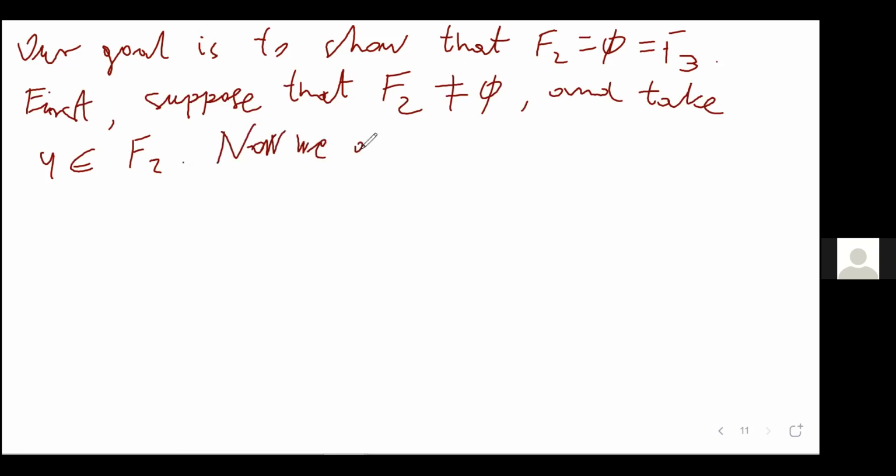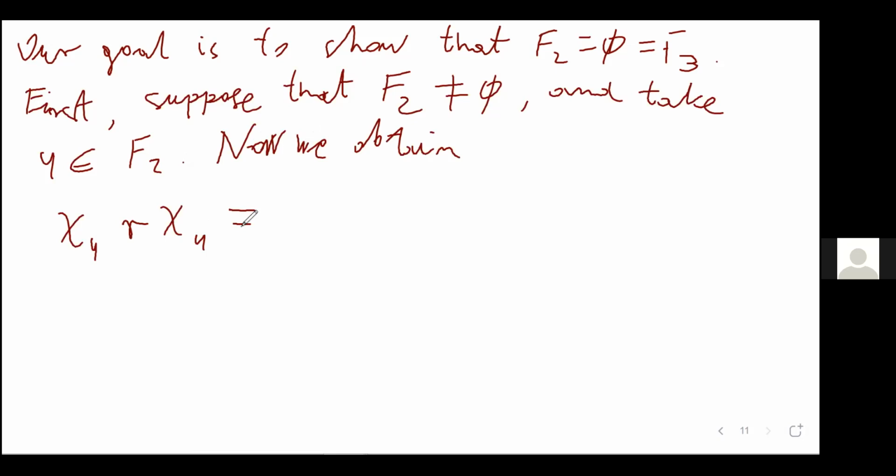Now we obtain the following. You see, x and y are arbitrary, so I can in particular take x and y equal to chi-u, and I can compute it to be chi-u times R times chi-u.